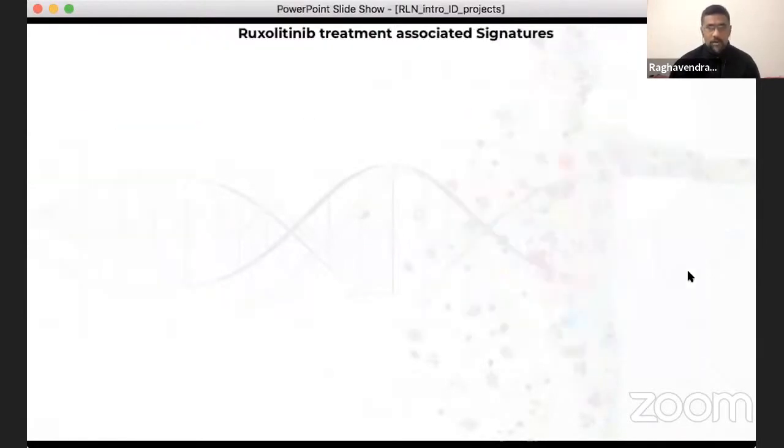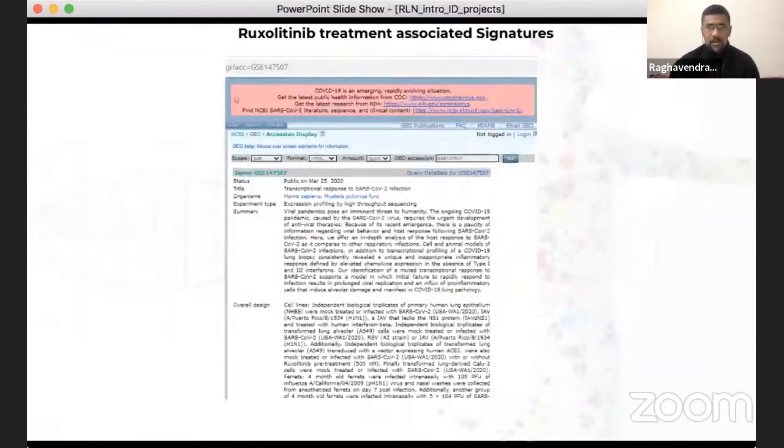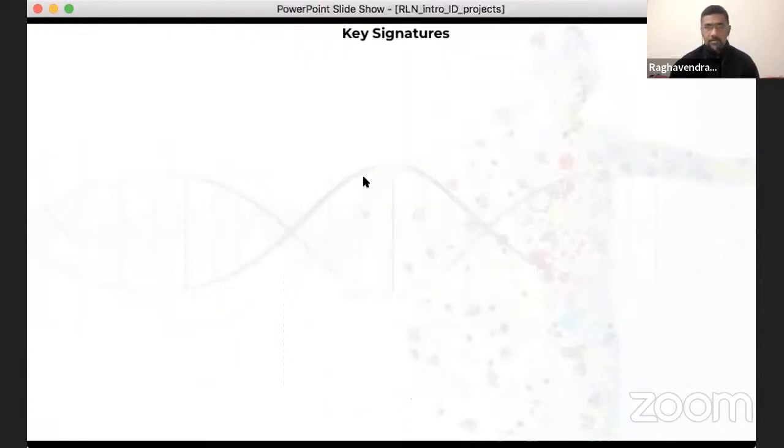Furthermore, we will learn how to look for transcriptomics data from patients infected with SARS-CoV-2 using public repositories like the Gene Expression Omnibus database. Here, we will explore this data to find important transcriptional signatures associated with drug treatments like ruxolitinib, Rux in short.